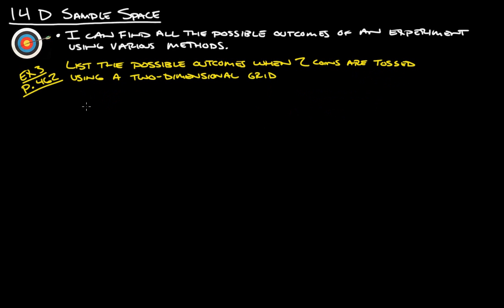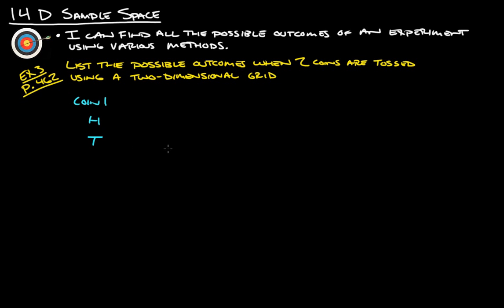Let's see. List the possible outcomes. Example 3, page 462: list the possible outcomes when two coins are tossed using a two-dimensional grid. Okay, so let's go with coin 1. We can either get heads or tails.